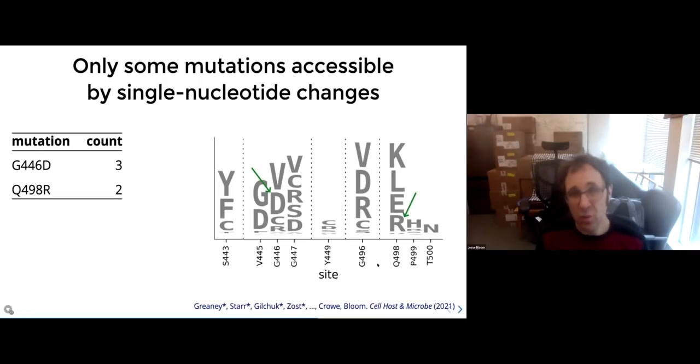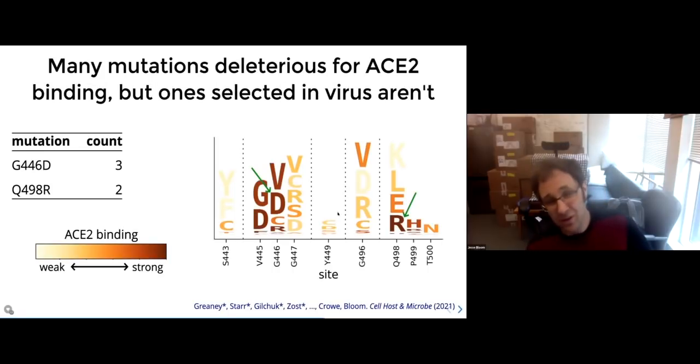However, here I'm just showing one biochemical phenotype, how mutations affect antibody binding, but we know that the virus is also under pressure to continue to be able to infect cells. And we've in fact measured how mutations affect phenotypes relevant to that, such as affinity for ACE2. So now I've colored these letters by how good the affinity of that particular mutant is for ACE2.